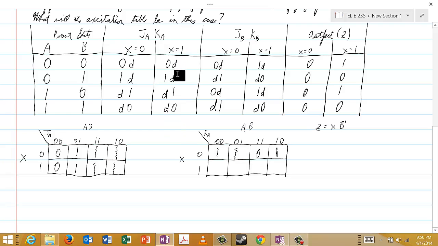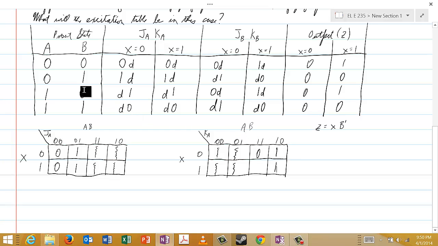And now we'll look in this column to find KA when x is equal to 1. Well, again, the first two values will be don't care conditions, so we'll get squiggly 1s there and there. And then when A is 0 and B is 1, we get a 1.